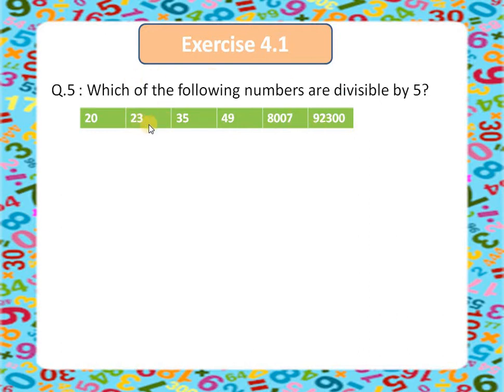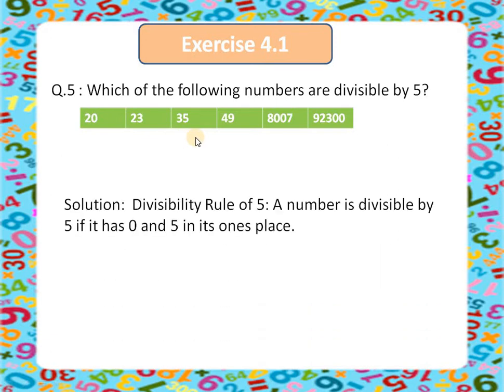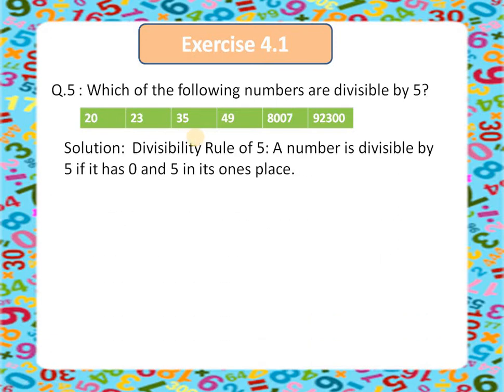You have to find out whether each is divisible by 5 or not. 20, 23, next number 35, 49, 8007, 92,300. All of the numbers you are going to check whether they are divisible by 5 or not. Know the divisibility rule of 5 first. A number is divisible by 5 if it has 0 or 5 in its ones place.